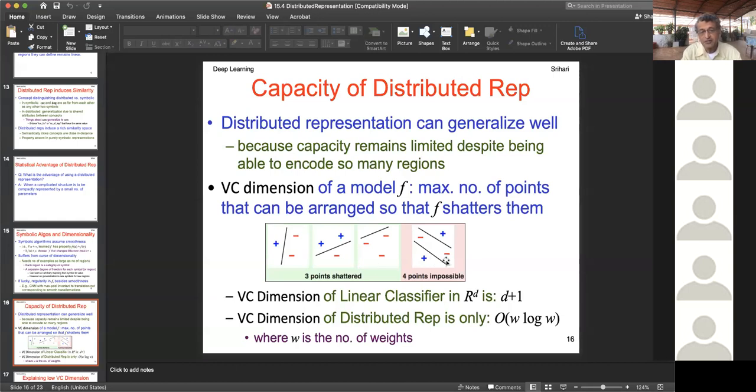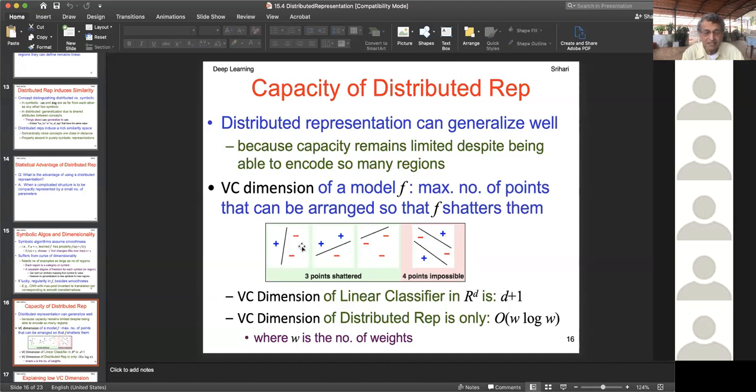What about 4 points in two-dimensional space? If I give you 4 points and label these two as plus and these two as minus, a single line cannot separate the reds from the blues. We need 2 lines. So we say 4 points cannot be separated by a linear classifier. So the maximum number of points that can be separated by a linear classifier in R^d, d-dimensional space, is d plus 1.